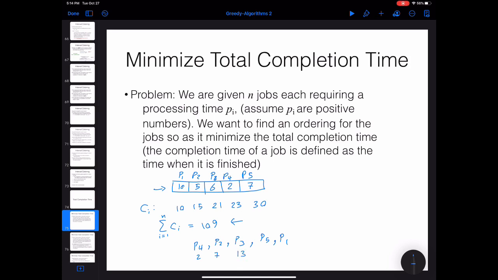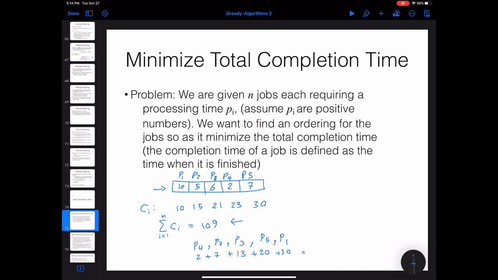You have to wait until P2 is done, then you do P3, which is 6, so it's going to be 13, and then P5 will be finished at time unit 20, and then P1 will be finished at 30.